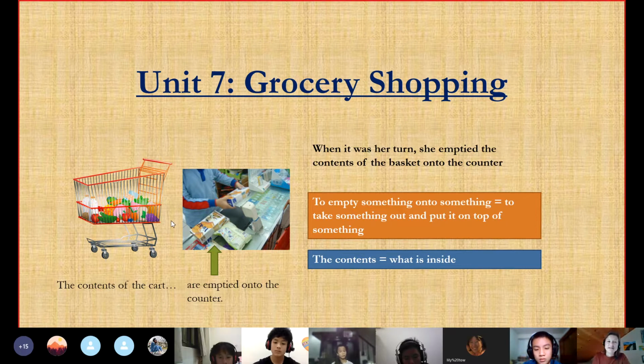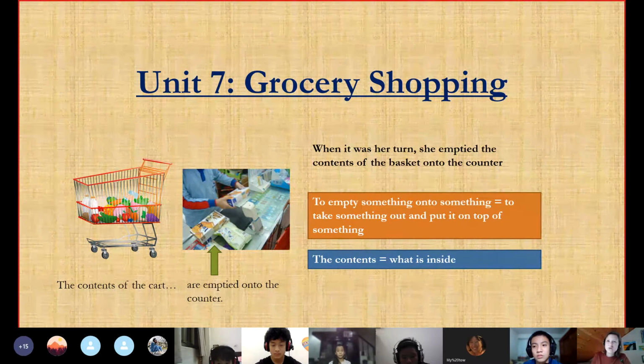Okay, so you can just picture it. She takes the basket and she just turns it around and everything falls out. So she empties the contents of the basket onto the counter.